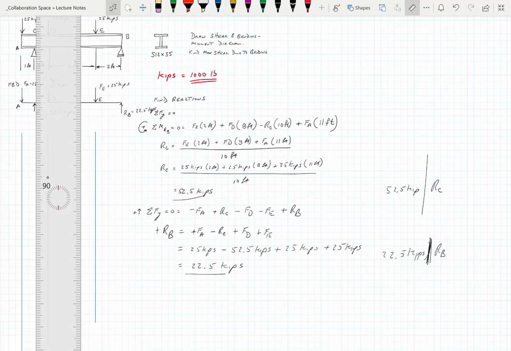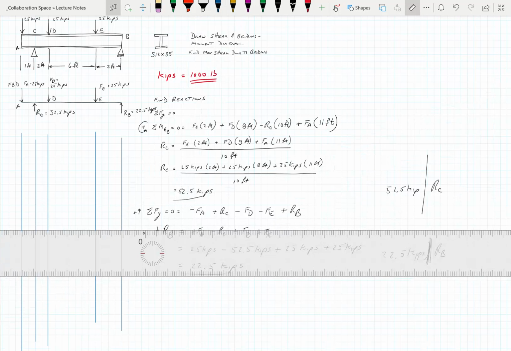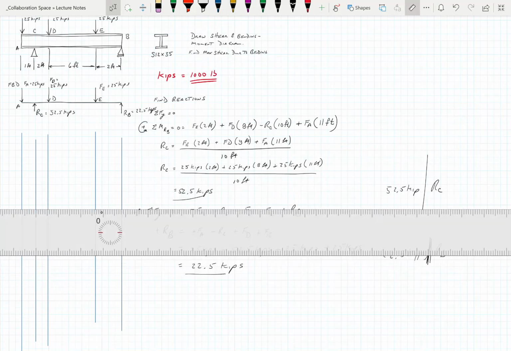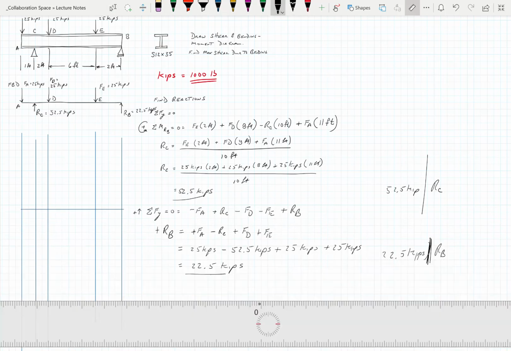Oops, missed that one. Alrighty, so our missing piece next is to find the shear. And the units of this are kips. Okay.